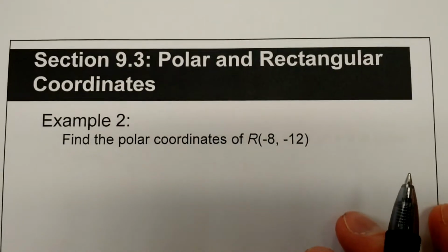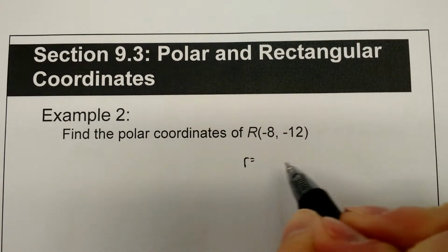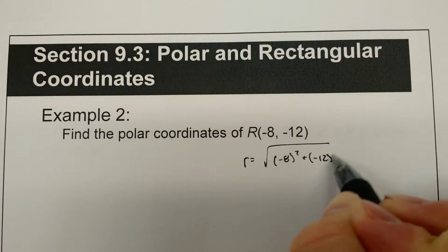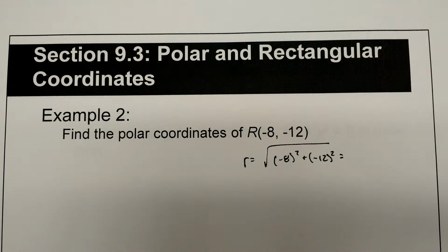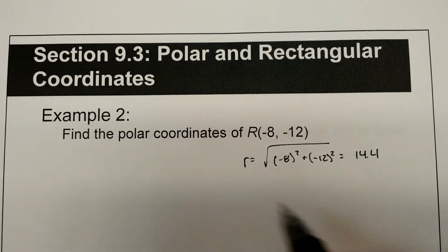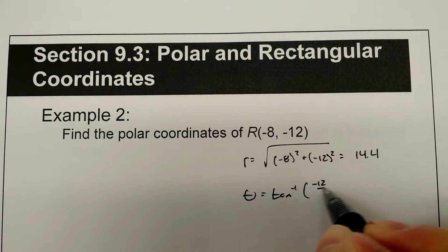Alright, so example, find the polar coordinates of negative 8 comma negative 12. So the r value is the square root of negative 8 squared plus negative 12 squared. So that's 64 plus 144. The square root of that is 14.4. So for theta, I'm going to take the inverse tangent of negative 12 over negative 8.